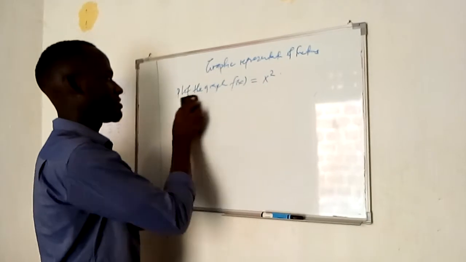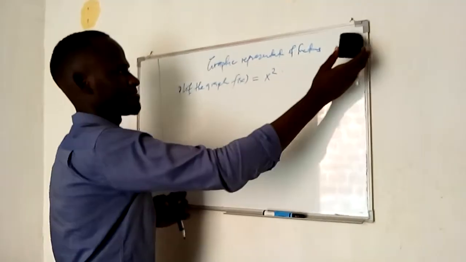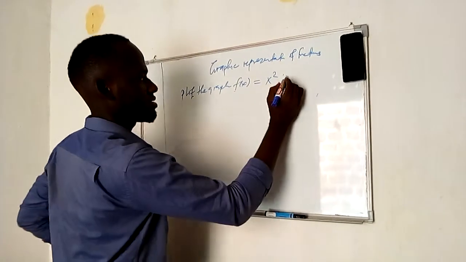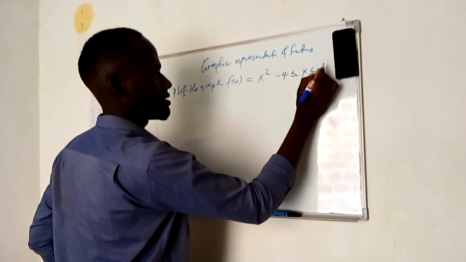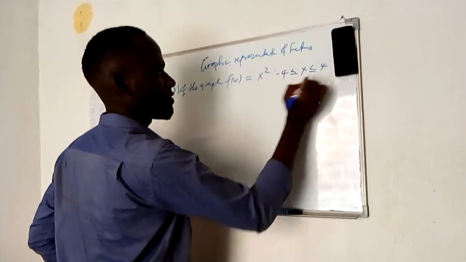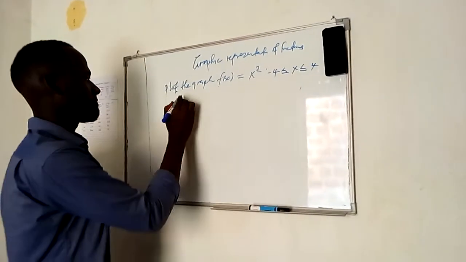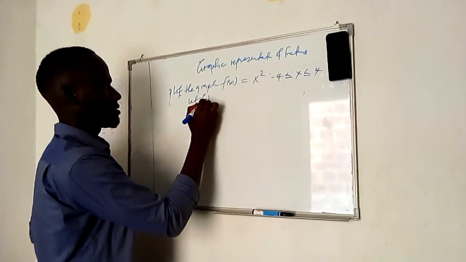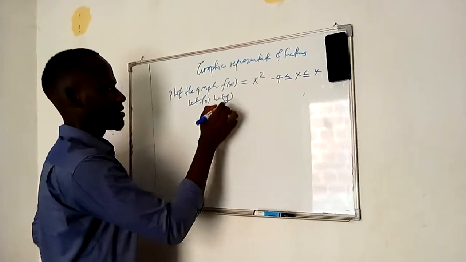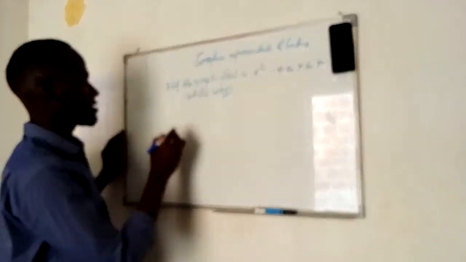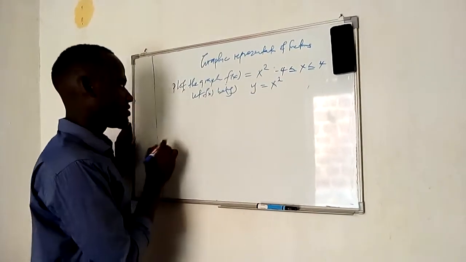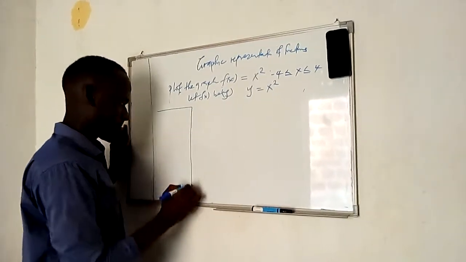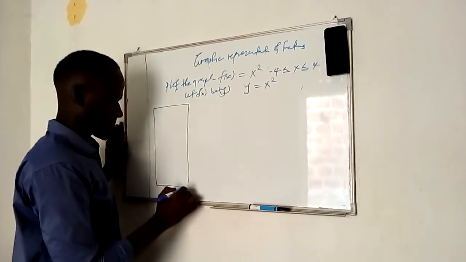Since you've been given the range, let's say -4 less or equal to x less or equal to 4, we shall say let our f of x be y. So y is equal to x squared. You first lay down your table if you want to draw a graph.